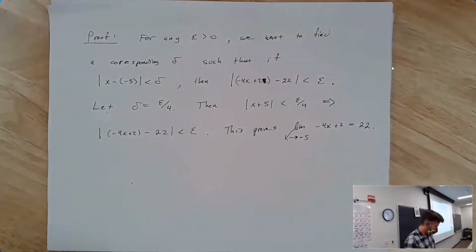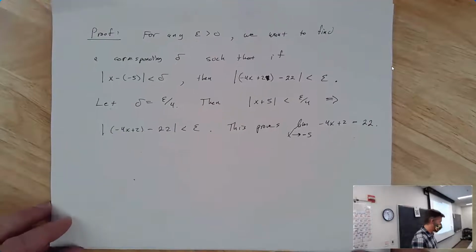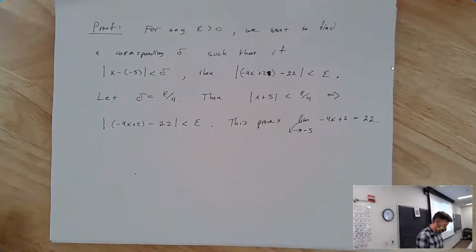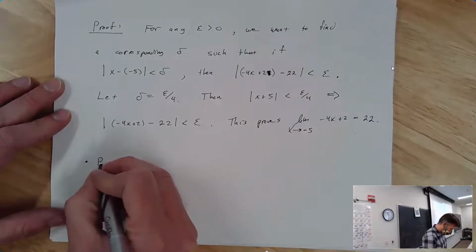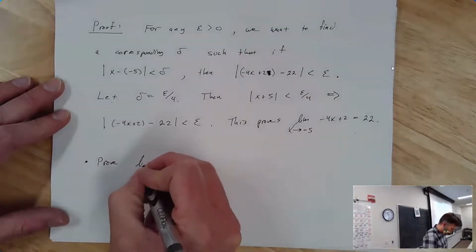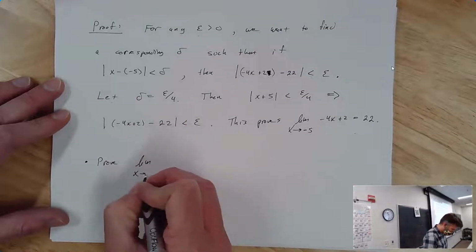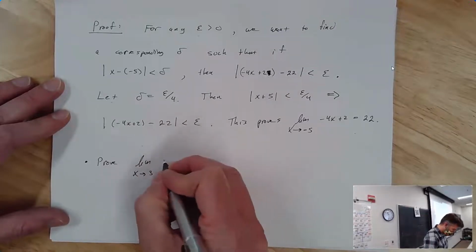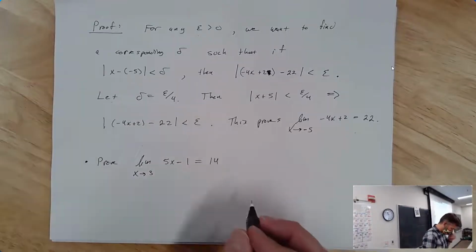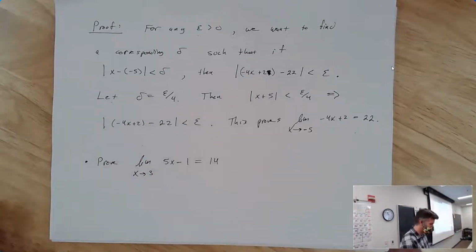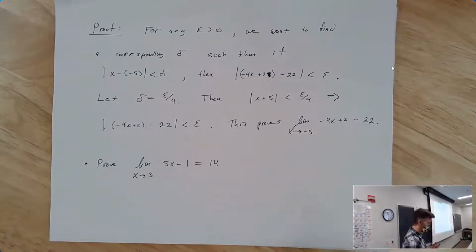All right. So I want you all to take a crack at it. Here's what I want you all to try proving. The limit as x approaches 3 of 5x minus 1 is equal to 14. I would encourage you to do the same sort of thing.